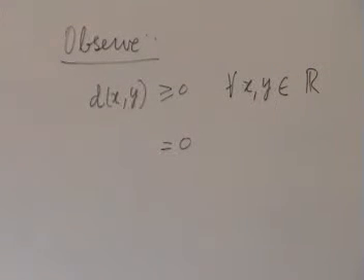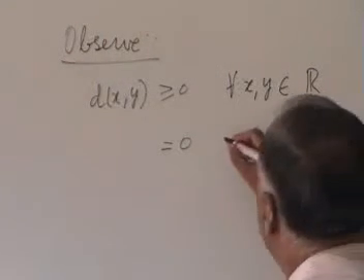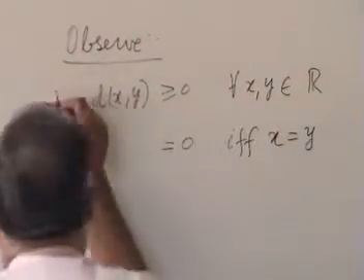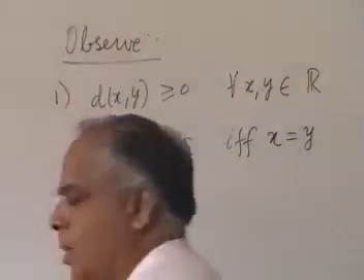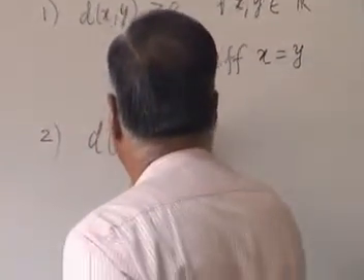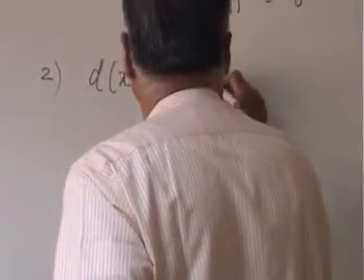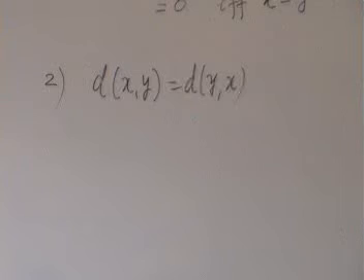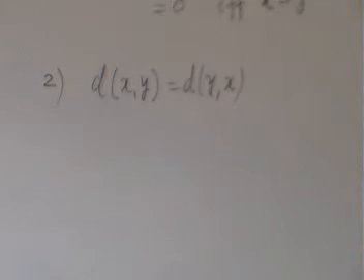The absolute value is 0 only for the number 0. So x minus y must be 0, so x is equal to y. So it is equal to 0 if and only if x equals y. And the distance between x and y is the same as the distance between y and x, because the absolute value of x minus y is the same as the absolute value of y minus x.